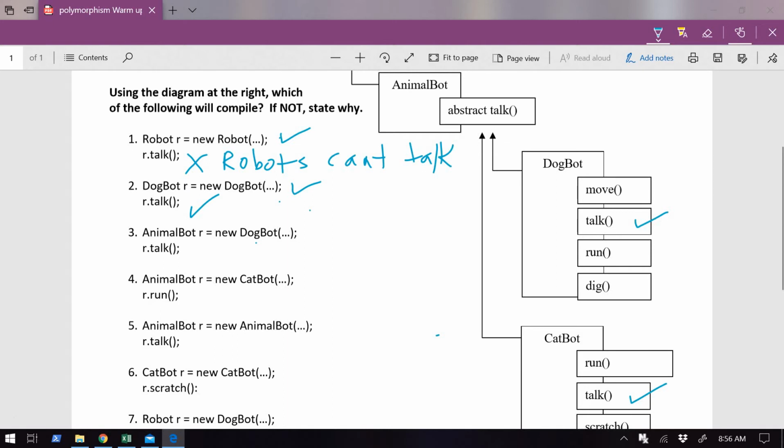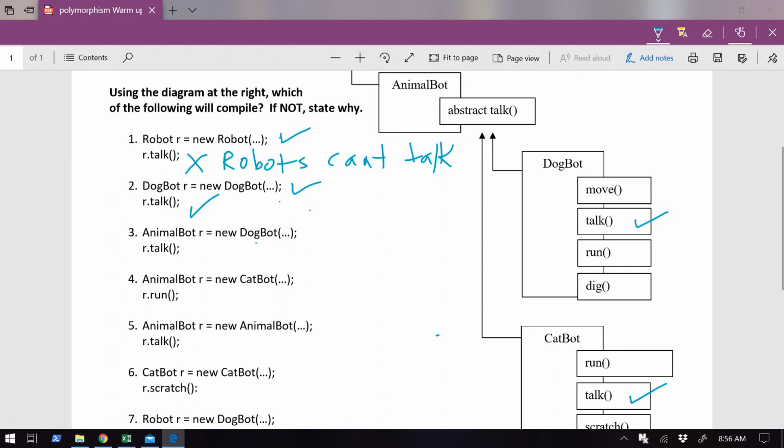Now I've got an animal bot R. If I look at the left side, the role of R is an animal bot. What can animal bots do? Well, animal bots can talk and they can move. Those are the only two things that they can do. This animal bot is pointing at a dog bot.